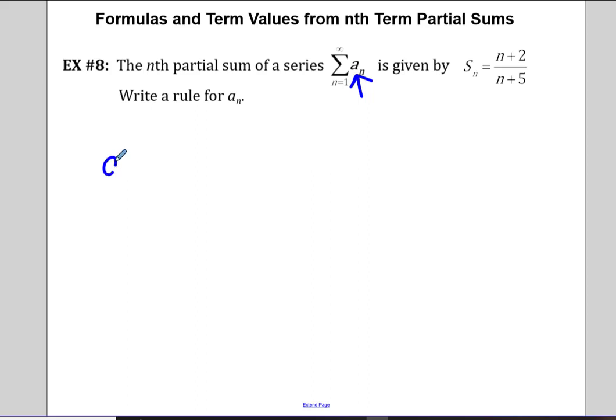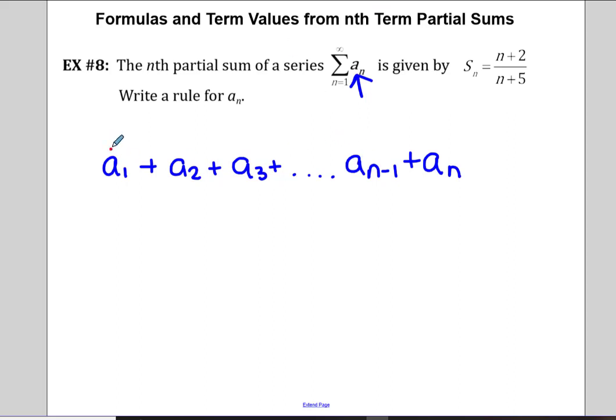If I knew a sub 1 and a sub 2 and a sub 3, and I went all the way up to a sub n minus 1 and then a sub n, so I'm looking for this term, but I don't know all those terms. How would I find those?